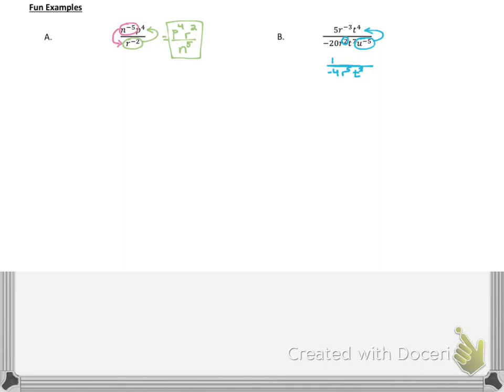That joins the 1, so 1 times u to the power of 5. If you choose to, you can get rid of the 1 times, and so you have u to the 5th all divided by negative 4 r to the 5th t cubed. And so that is what's simplified.